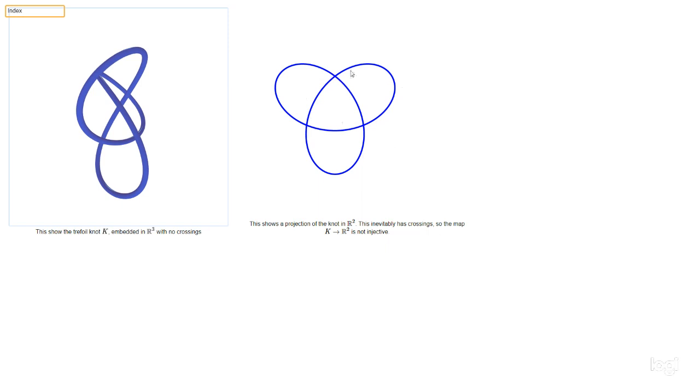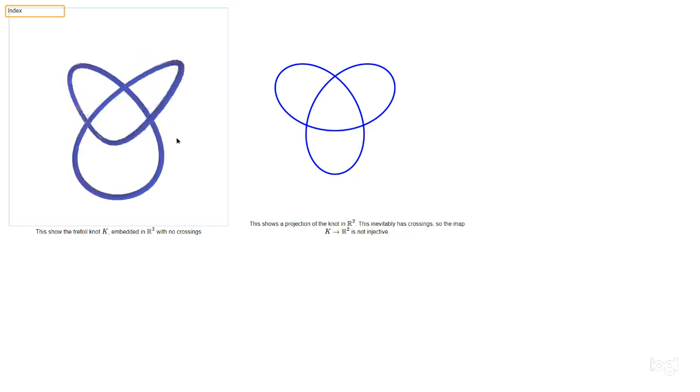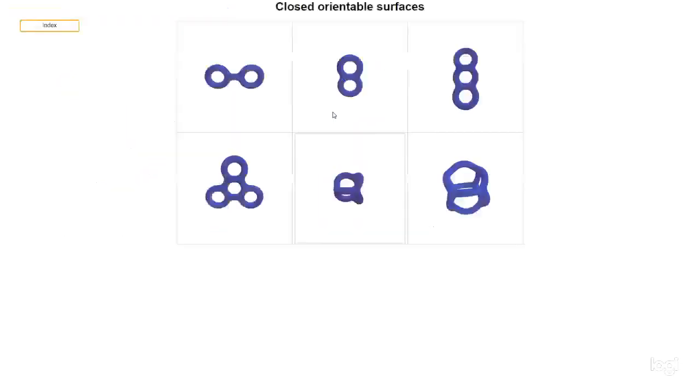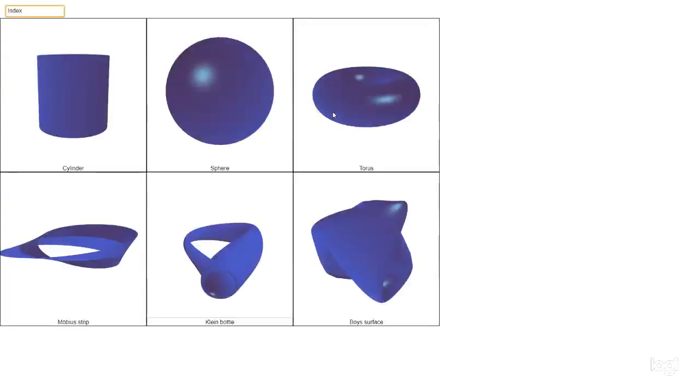So when we project it down into two dimensions, it's forced to intersect itself. But that's not what the real trefoil is like. It's just an artifact of our trying to draw it in two dimensions when it really wants to be in three dimensions. Similarly, going back to this Klein bottle here, the real Klein bottle lives in four dimensions and doesn't cross over itself.